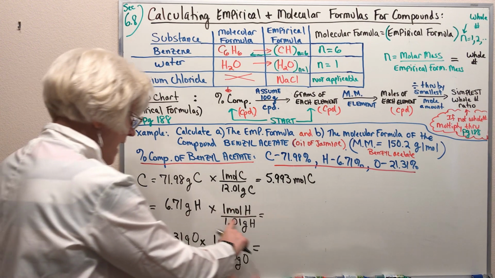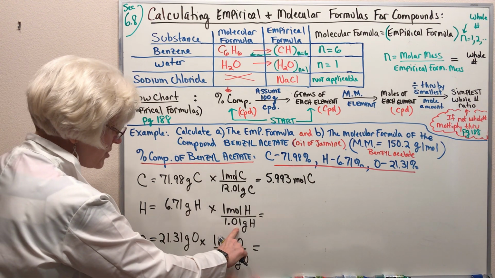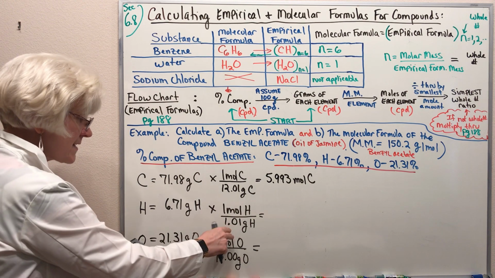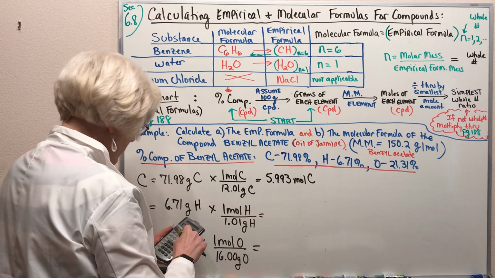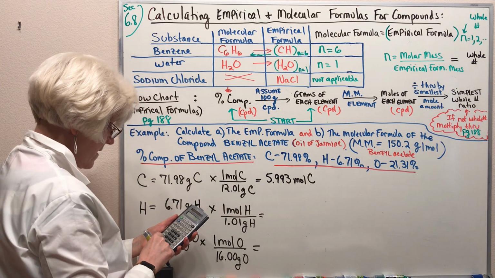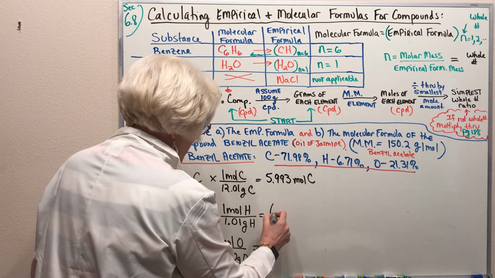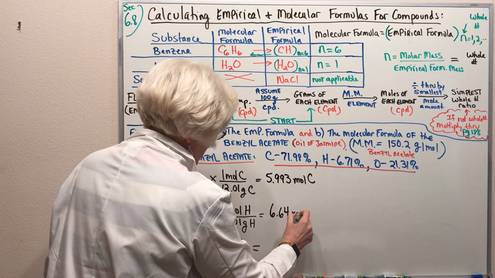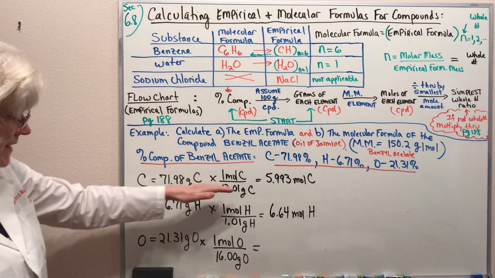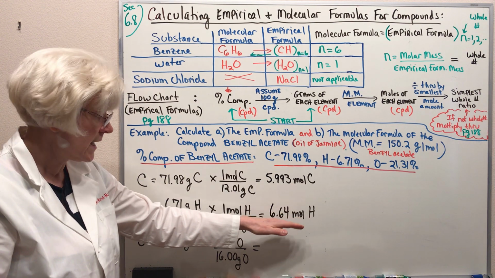Now I'm doing the same calculation for hydrogen, taking the mass of hydrogen and converting to moles using the molar mass of hydrogen, and I am going to get 6.64 moles of hydrogen. I'm making sure I'm careful with my sig figs and not dropping sig figs in the problem.